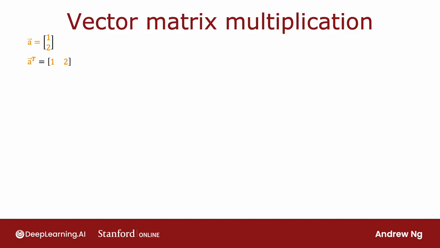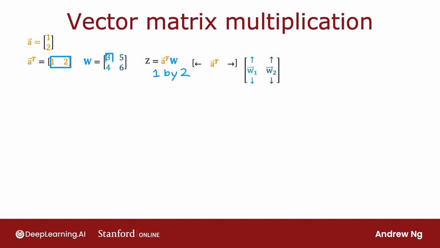And let me now create a 2 by 2 matrix W with these four elements, 3, 4, 5, 6. If you want to compute capital Z as A transpose times W, let's see how you would go about doing so. It turns out that Z is going to be a 1 by 2 matrix.